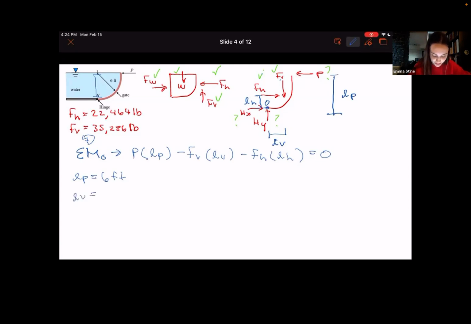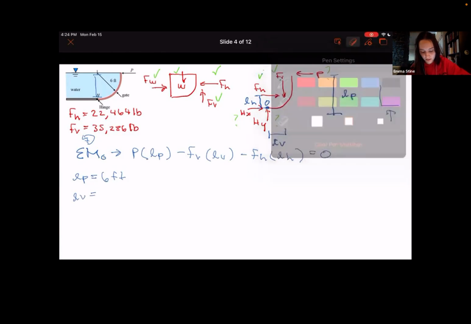Which one is LV? We have to think back. All forces from the water acting vertically work on the centroid. If we had a box and water pressure, the force working up or down is just going to act on the centroid. Hopefully I'm right.